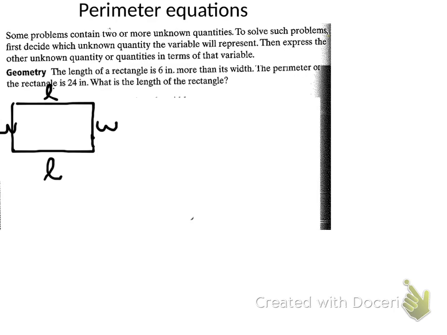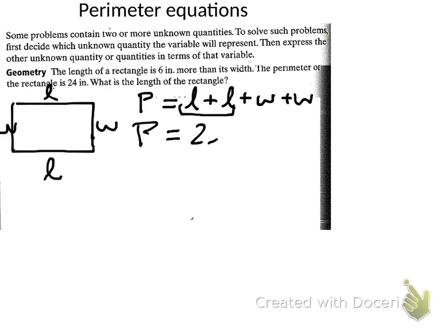So the perimeter of a rectangle is often thought of as L plus L plus W plus W. And we simplify that by combining like terms to be 2L plus 2W. Now, you can solve these problems using either the first or the second formula. It'll work either way. I'll do the first problem using the first formula.